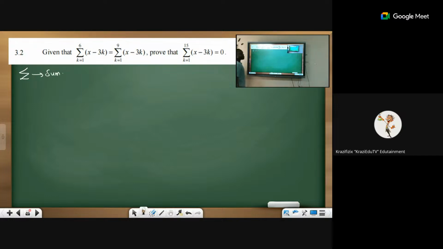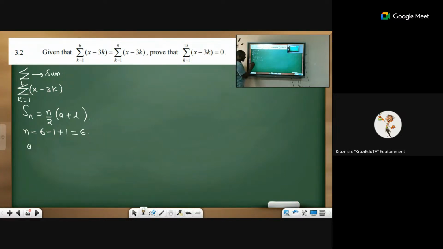Sum. So, fine. If we were to simplify this, we're going to just make sure everybody gets this. X minus 3k. What does this mean? It means sum. We can use what? Sn equals to what? n over 2 (a plus L). What is our n? 6 minus 1 plus 1, top minus bottom.